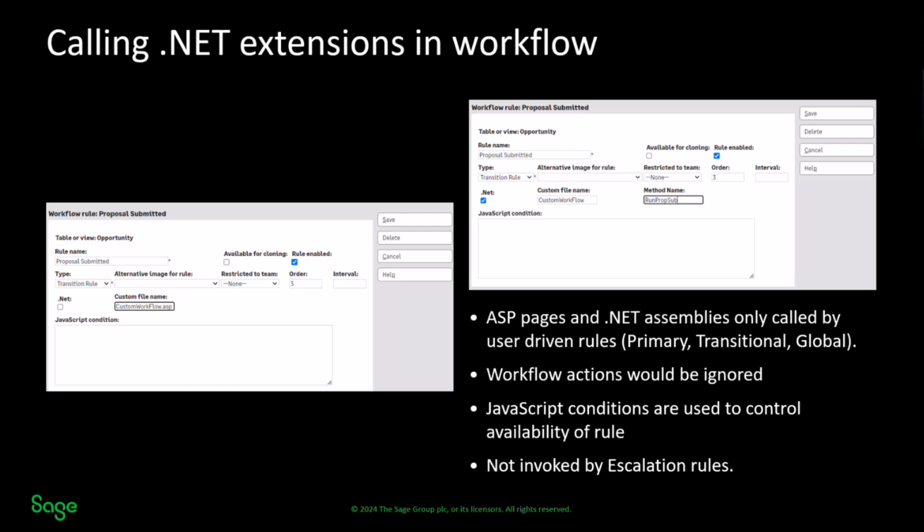Moving to where we can think about .NET extensions inside the workflow, it is very useful. The .NET API and ASP page is very simple to use. It is just a question of knowing the DLL name and knowing the method that is exposed within the app factory to then invoke a .NET DLL inside a Sage CRM workflow as a custom workflow action.